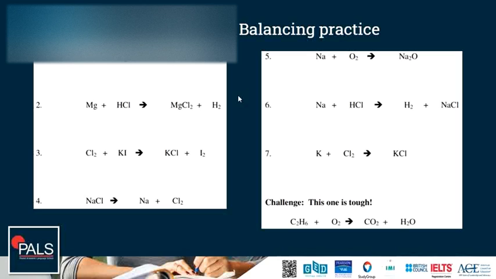If you're not sure how to do it, you can rewind the video a few minutes and look at the steps and the example of balancing the previous equation again, and then try your best to complete these 8 examples. So please pause the video now, because now I will continue. At the end of the video, you will see the solutions.